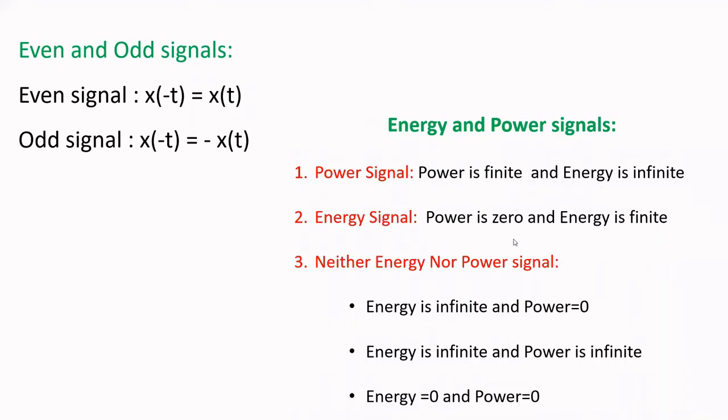All other combinations of energy and power being 0 or infinite result in neither an energy nor a power signal. One combination is energy infinite and power 0. Or energy is infinite and power is also infinite, or both of them 0. All these three conditions result in a signal which is neither an energy nor a power signal.